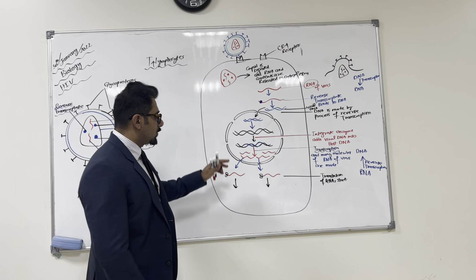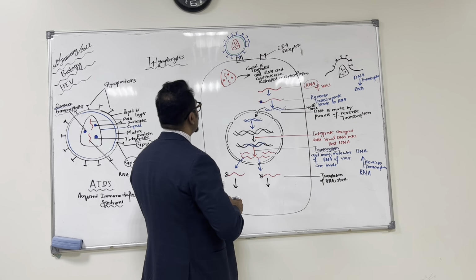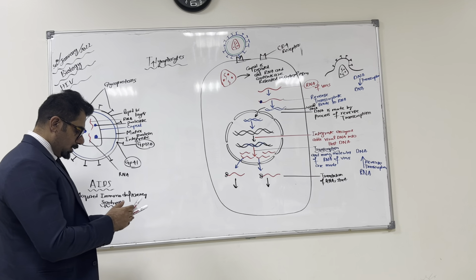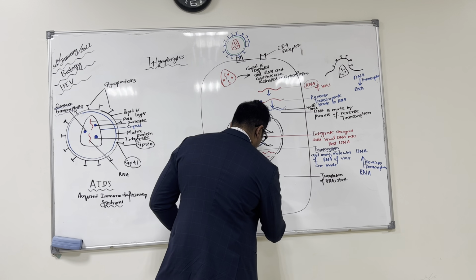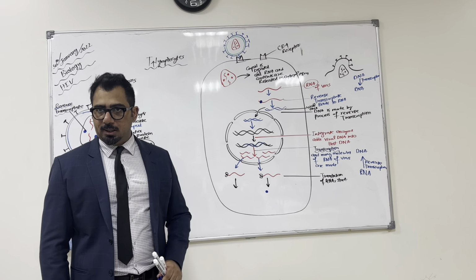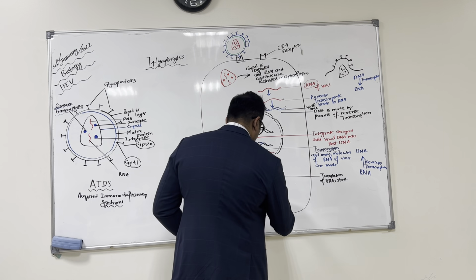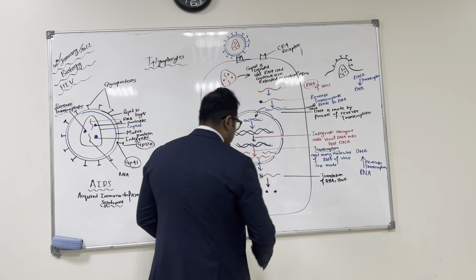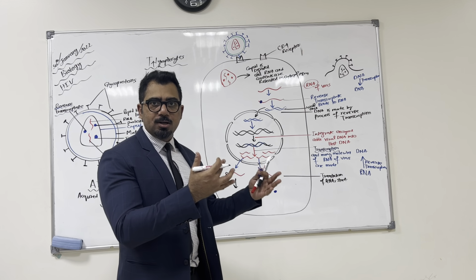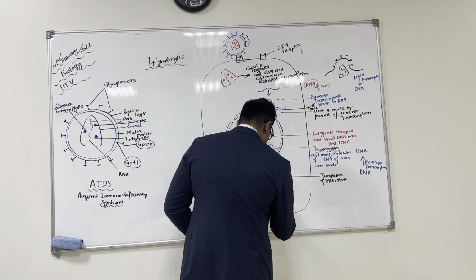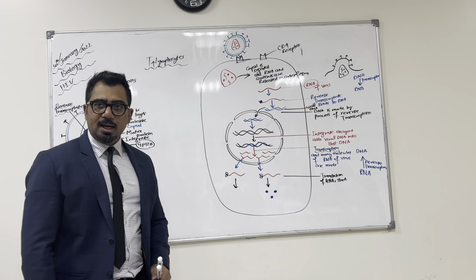Now, what will happen? Let me show, we use the blue color over here. Let's suppose this is the integrase enzyme being made, right? Let's suppose this is reverse transcriptase being made. Not one, many will be made, right? Let's suppose this is protease enzyme being made, right?